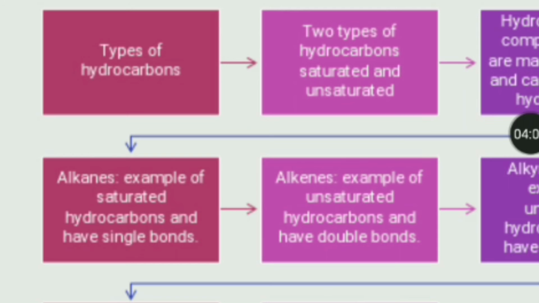There is fullerene as well, but this is not in your syllabus of 10th class. Other than that, coke, which you must have heard of in 8th class, is the purest form of carbon. Now we will continue this chapter in another video.